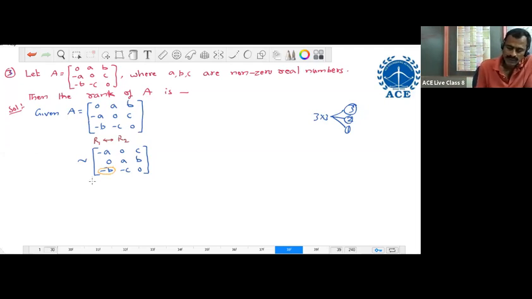The operation is R3 going to a into R3 minus minus b into R1. First make these two same and then add or subtract depending on the sign. To make these two same, we multiply the last row with a into R3. Because of the same sign for both, we subtract minus b into R1.